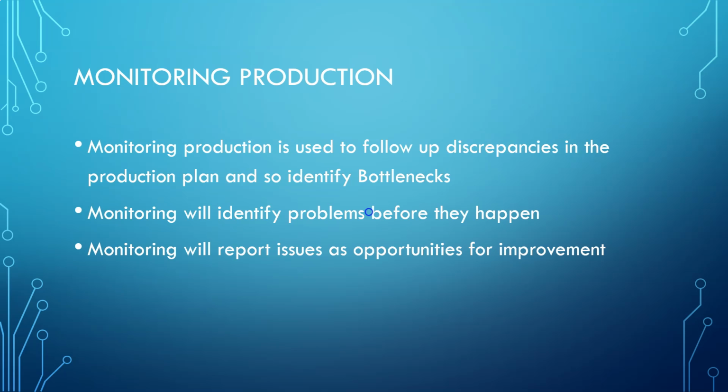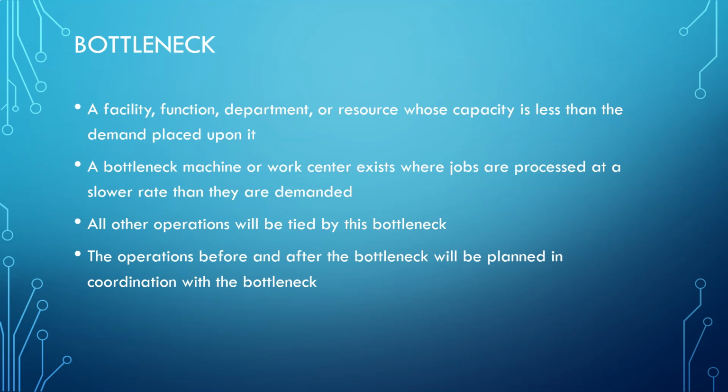Monitoring production is used to follow up with discrepancies in the production plan and to identify bottlenecks. Monitoring will identify problems before they happen. Monitoring will report issues as opportunities for improvement. Looking at the production system, each work area or workstation can have its own unique capacity.